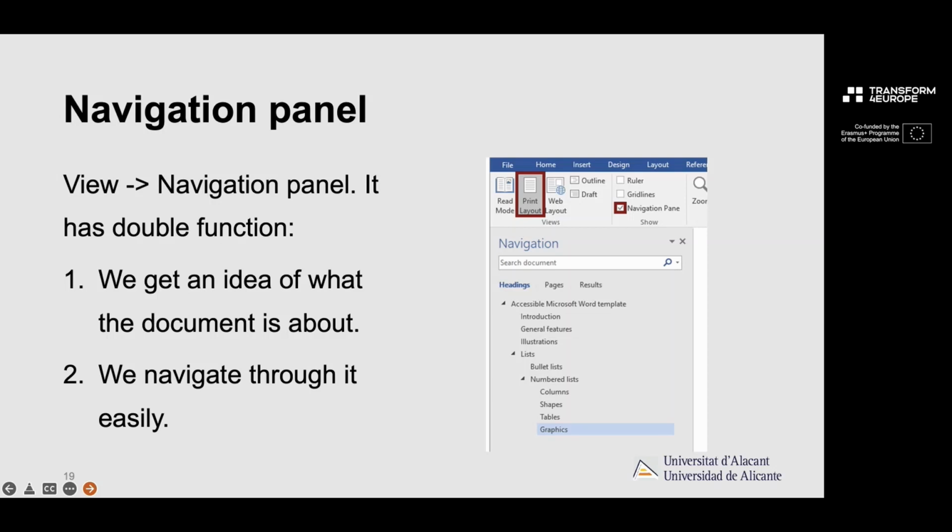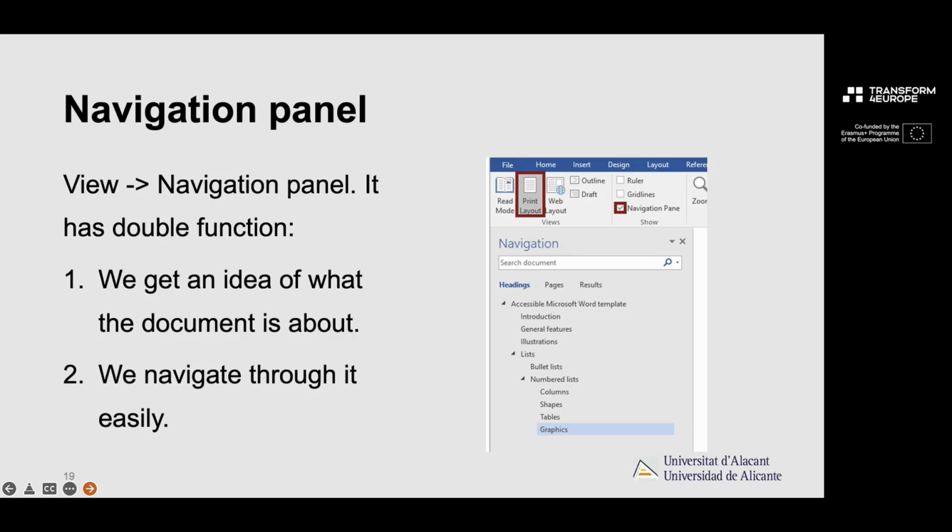Many people with mobility and vision disabilities especially use the navigation panel for two reasons. First, to get an idea of what the document is about, since not everyone can use the mouse and scroll quickly. Second, to navigate through it easily.